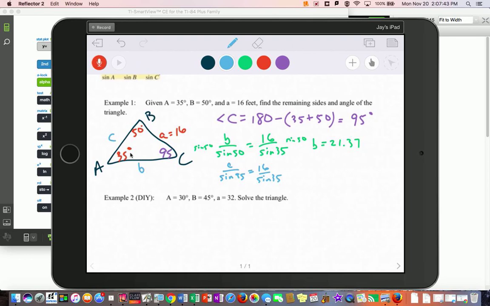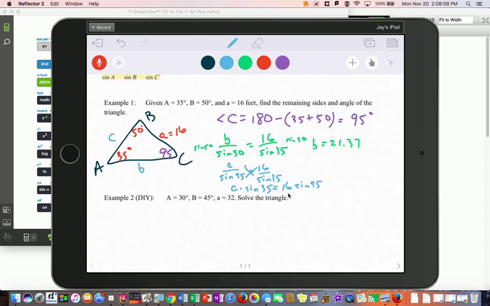So I always go back to the ones that were given to us. I do have to use 95, which we found, but these two angles and sides were given to us. Some students choose to do cross multiplication, and you can take c times the sine of 35 is equal to 16 times the sine of 95. Just another way to do this.